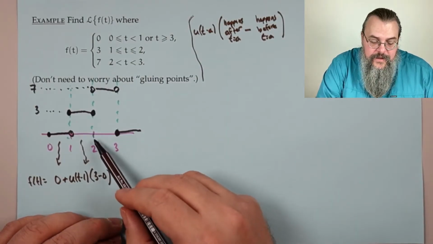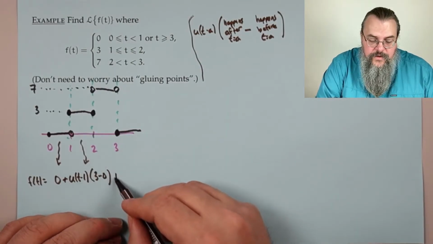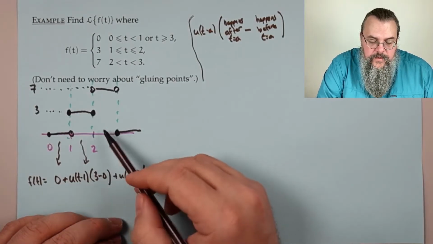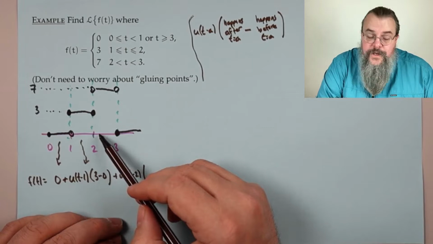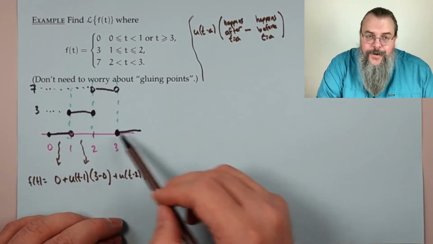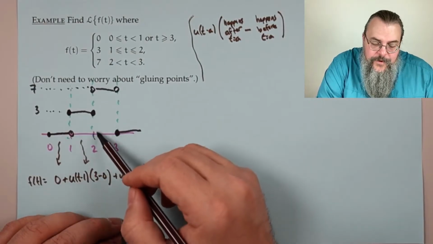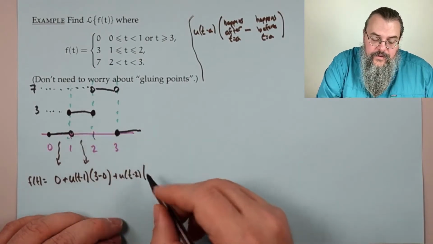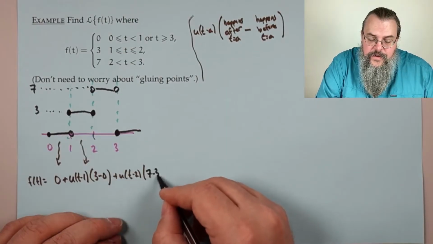And now, okay, next point is 2. So plus u of t minus 2. Say, well, what's happening after 2? And when I say after 2, I mean right after. Not like way after, right after. So after 2, we're 7. Before 2, we're 3. So turn on the 7, turn off the 3.